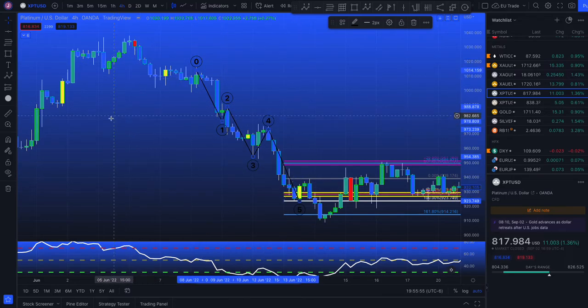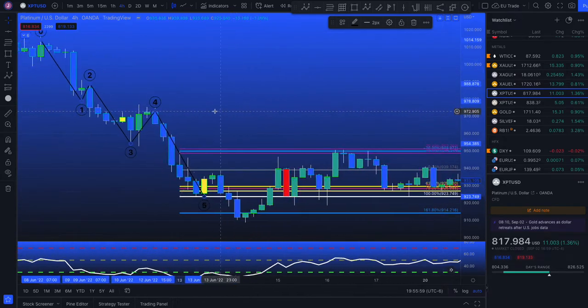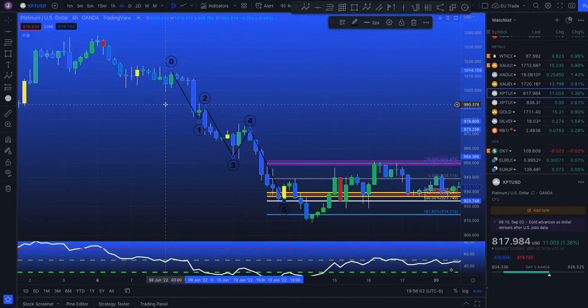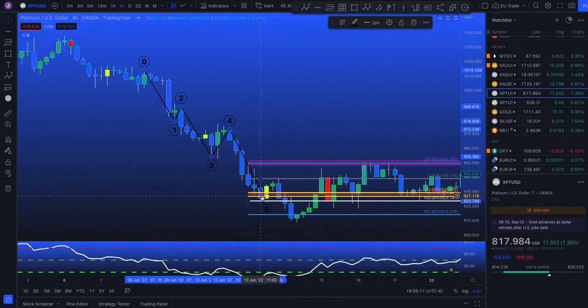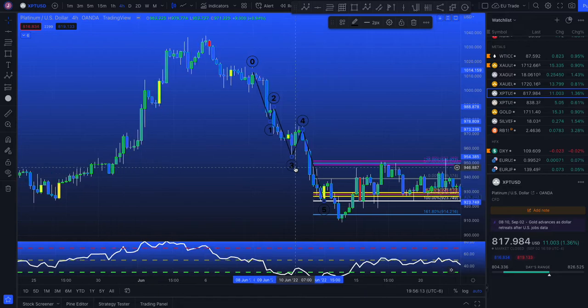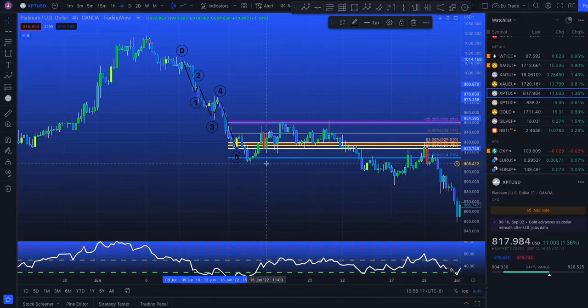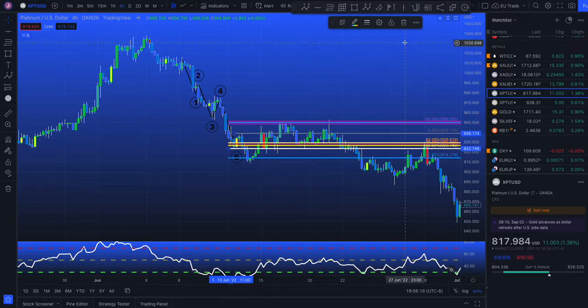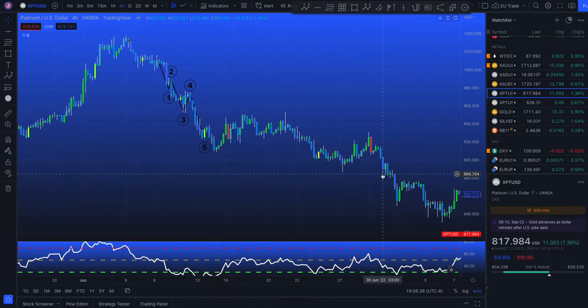I could either go by the fact that this all got washed out, or I could go by the fact that we started a new wave after this ABC correction, and I should have been expecting a correction at this time. And what did it do? It didn't break 4, so it basically hung in consolidation during this time, and eventually made another move. Boom, look at that.